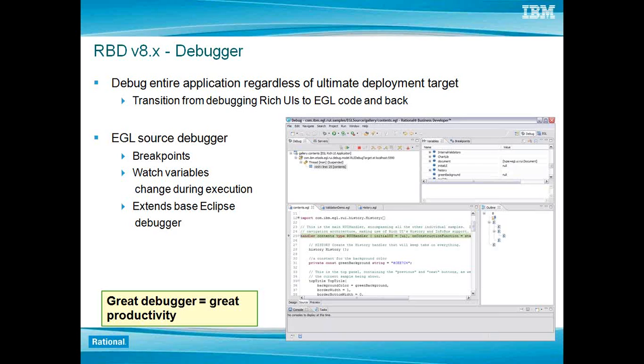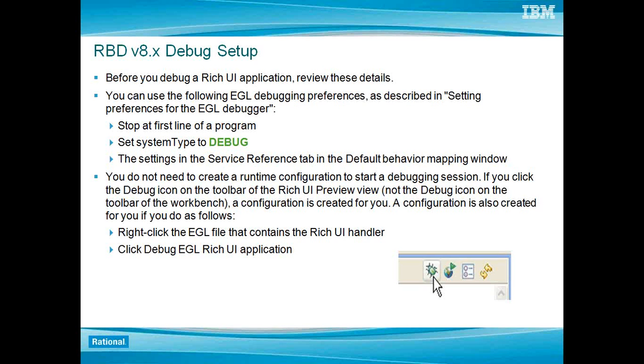Where we can see the breakpoints, we can watch the variables' current values, we can see how EGL or how Eclipse is interpreting or translating and compiling this line, and then where it's going to jump on the next line.